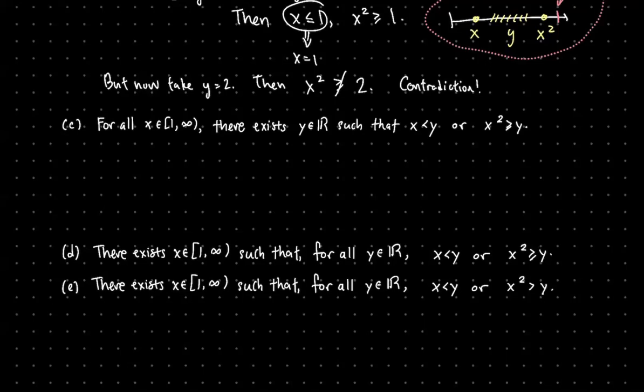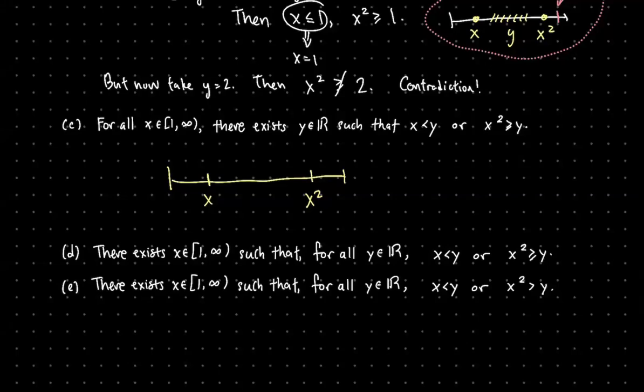Let's try to draw a picture again. Since x is bigger than 1, I can say x is between x here. Is this one true? For all x, there exists a y.